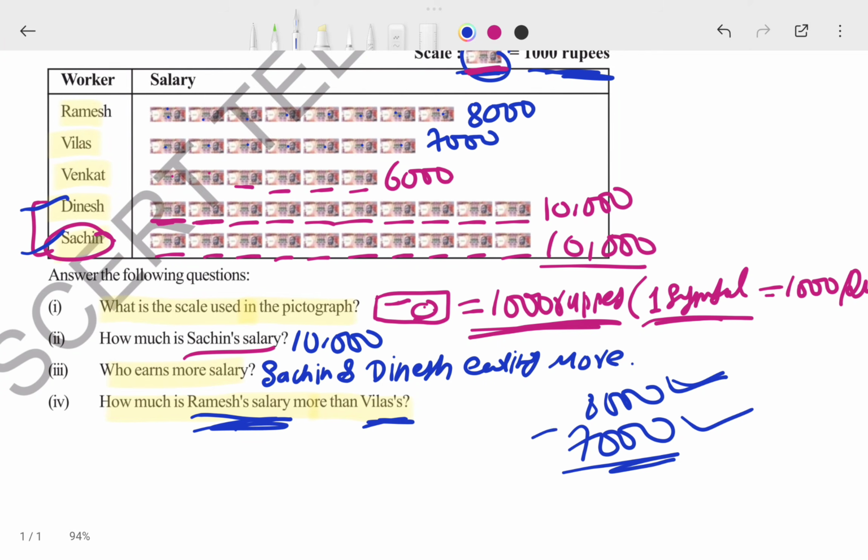Here, if you subtract, it is going to be 1,000. If you subtract 8,000 minus 7,000, you will get 1,000.